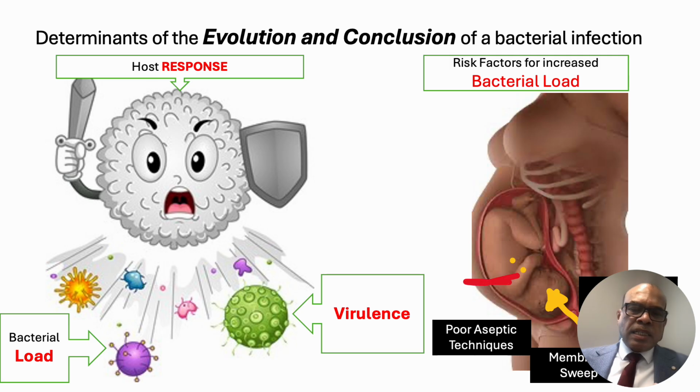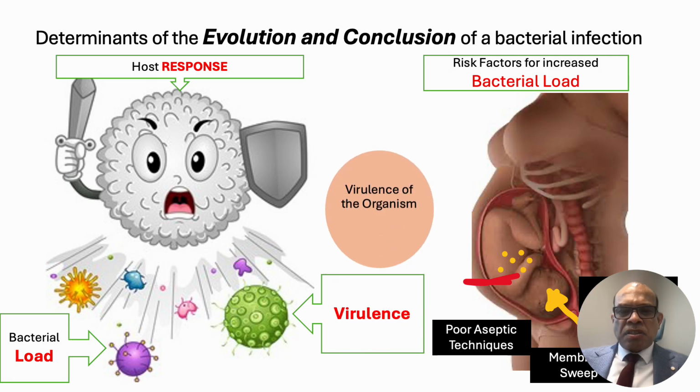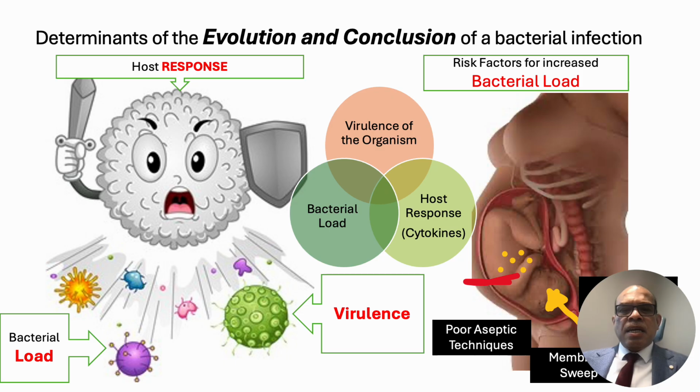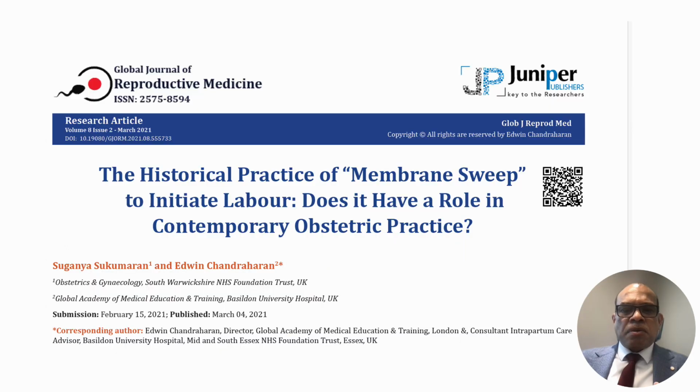Or we have poor aseptic technique. During cesarean section, if you have intrauterine infection, it can easily spill into the peritoneal cavity once the uterus is opened. So the virulence that we learned in microbiology in medical school, that the three determinants of how bad the infection is are the bacterial load and the virulence of the organism, as well as how well we are able to fight the organism.